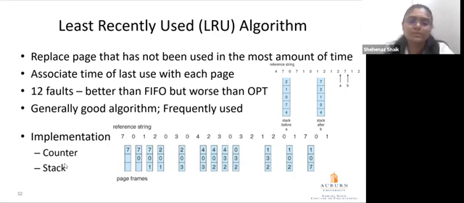Even though a page is not really replaced, we still need to modify the contents of the stack for every memory reference or every page access, because we are going to identify that page in the stack and move it to the top of the stack. So that's one of the overheads associated with the stack-based implementation. These are two different ways of implementing this LRU approach. Okay, do we have any questions here?